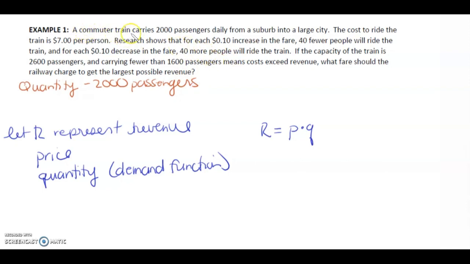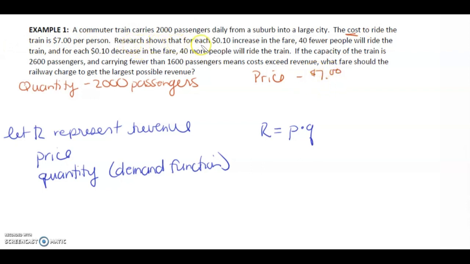A commuter train carries 2,000 passengers daily from a suburb into a large city. The cost, so immediately I'm like, okay, this is talking about price. The cost to ride the train is $7 per person.